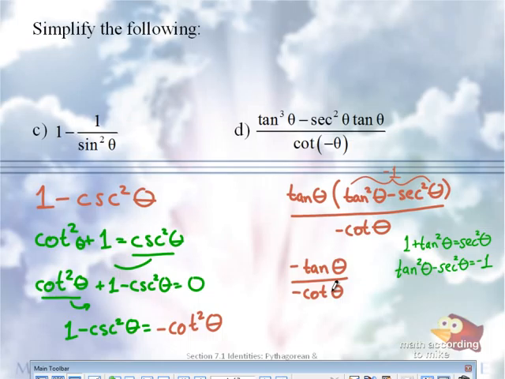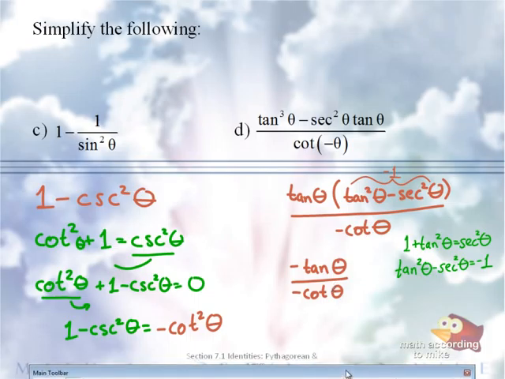They cancel. Now we could go all the way to sine and cosine, but tangent and cotangent are related. What's the relationship between tangent and cotangent? Yeah. So cotangent theta is 1 over tangent of theta.